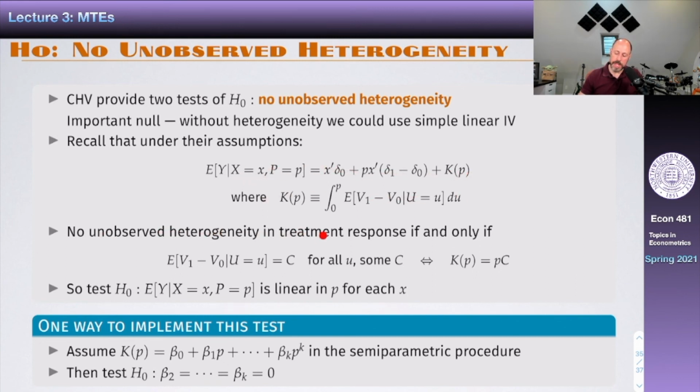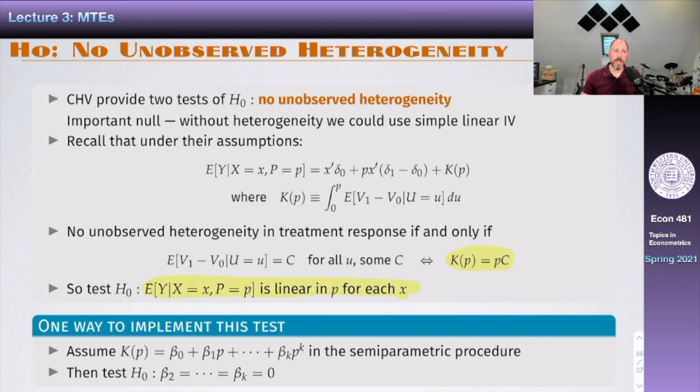No unobserved heterogeneity in the treatment response would be if and only if this expectation over here is equal to a constant. And that simplifies a lot of things, because that means then that this function k of p is just p of z. In other words, what we're saying is that this is linear in p for each x.